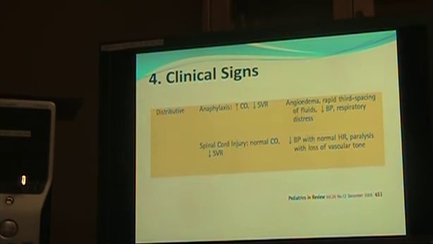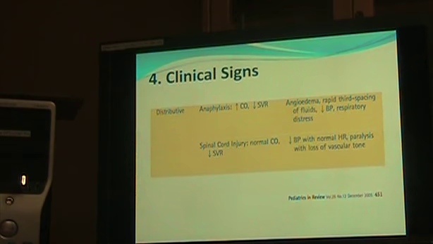So clinical signs. When we talk about distributive shock, this is another way of classifying it. This is typically thought about as a pipe problem. Your vessels are vasodilated, they might be leaky, vasoplegic, and so there's a number of different disease entities that can present with distributive shock.